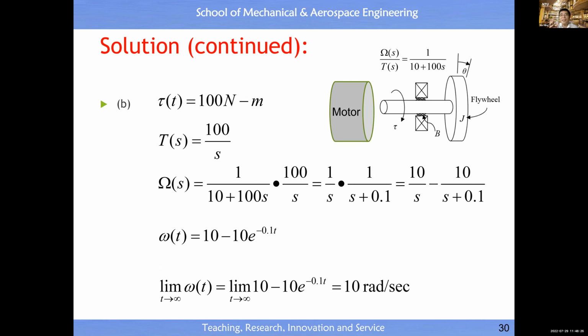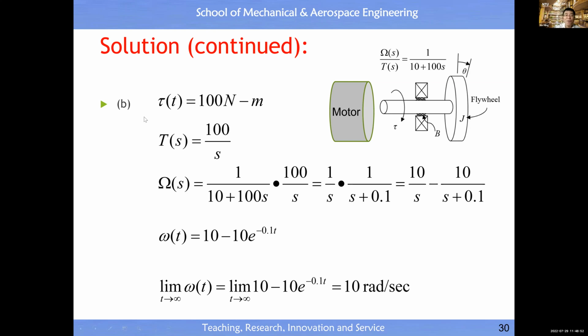Now what happens if the input is a constant? For this constant in time domain, we can still calculate the constant in frequency domain. You just divide this constant by S, that's it, because this is a fixed property. If you have a unit step response, which is terminology in control theory, you just think the input is a constant.